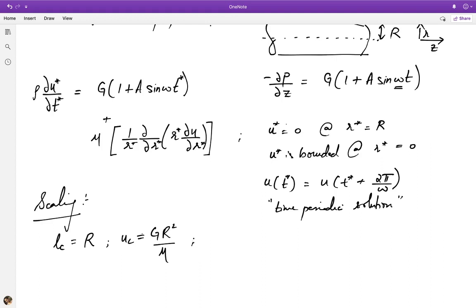And now with this velocity scale, you can choose a time scale by setting the coefficient of this term, the inertial term, to 1. That would give us a time scale which would be R square over nu, which is the viscous time of the fluid, or the time it takes for momentum to diffuse through the fluid due to viscous effects.